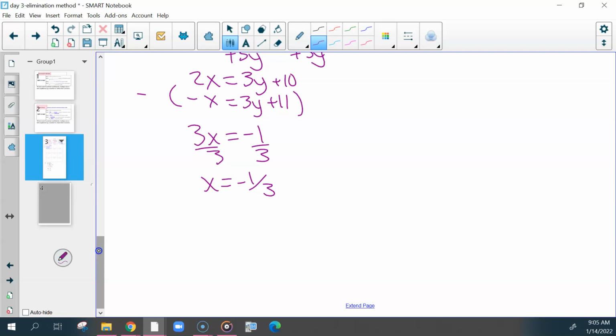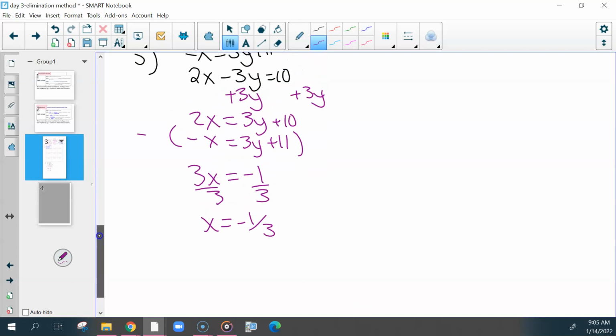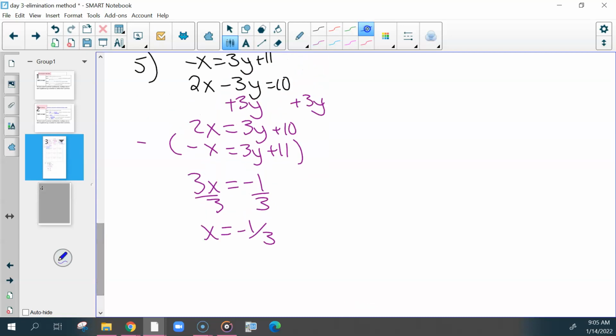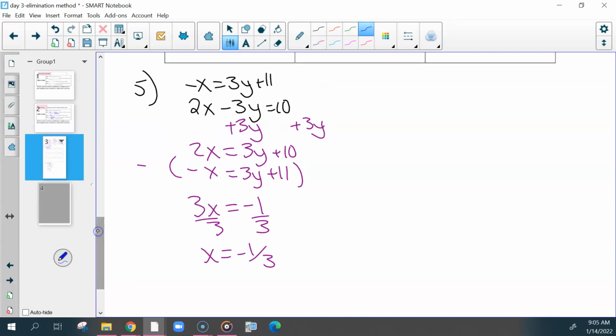So we can take this fraction and put it back into one of the others. I said you put this back into the first. So negative 1/3 equals 3y plus 11. This would become 1/3.